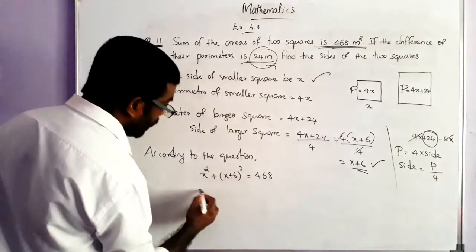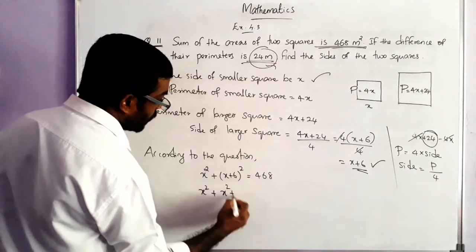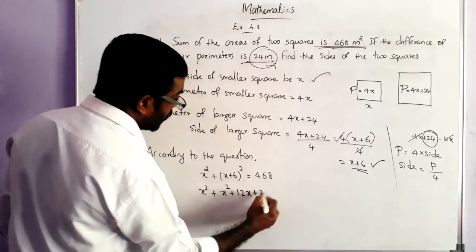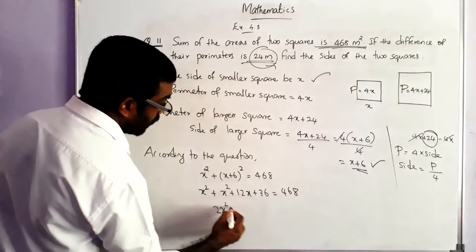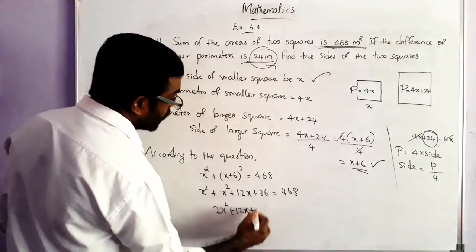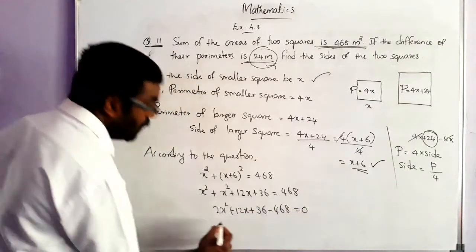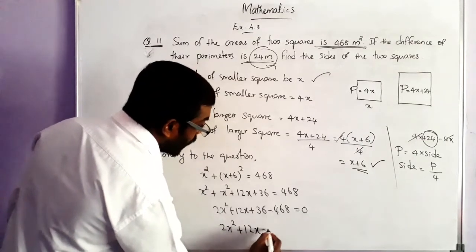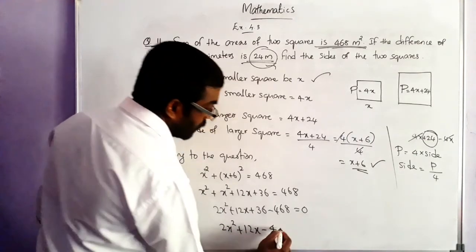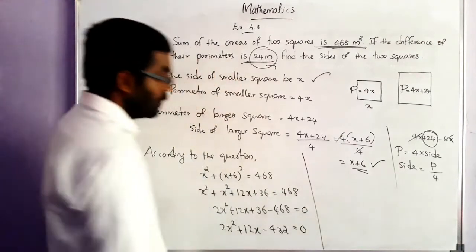Now we can expand: x square plus, a plus b the whole square, x square plus 12x plus 36, which is equal to 468, or 2x square plus 12x plus 36 minus 468 is equal to 0. That is 2x square plus 12x, then minus 432 is equal to 0.